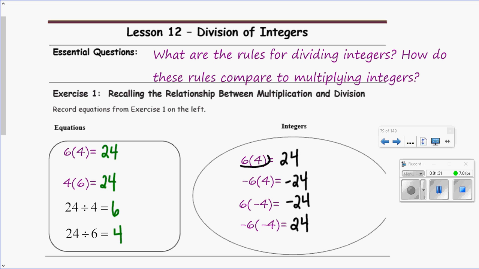Remember, these two have the same sign. In the first example, they're both positive. In the last example, they're both negative. And then in the middle two, it's one positive, one negative. So that's why those answers are negative. Okay, so that's quickly a recap on the multiplying.